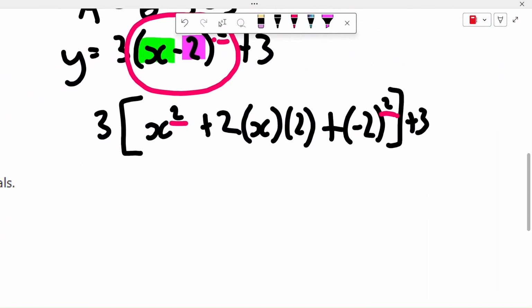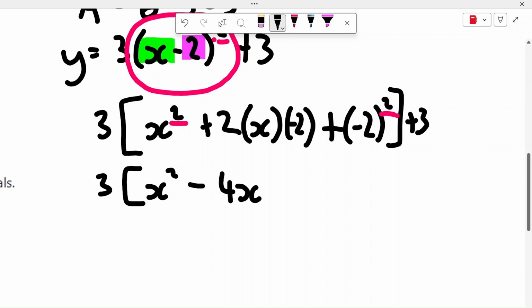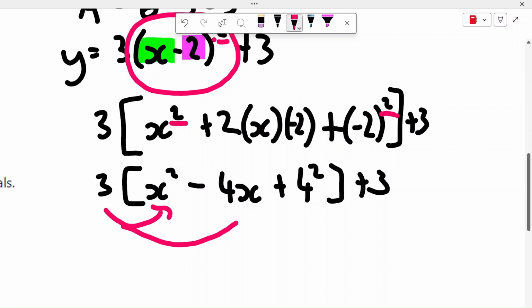All right. So let's simplify this out, and we'll get 4x plus 4 squared. And the next step is expanding our brackets.